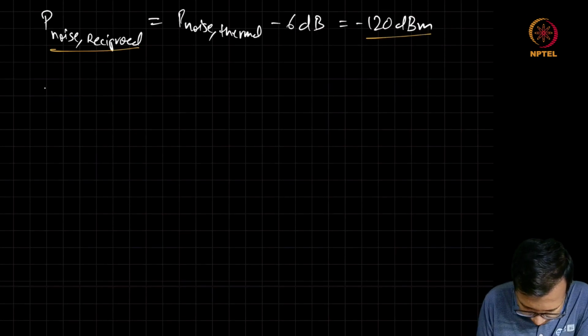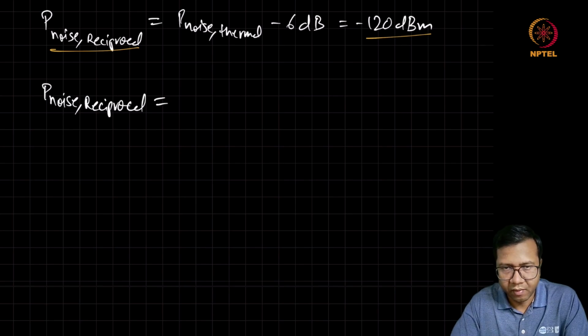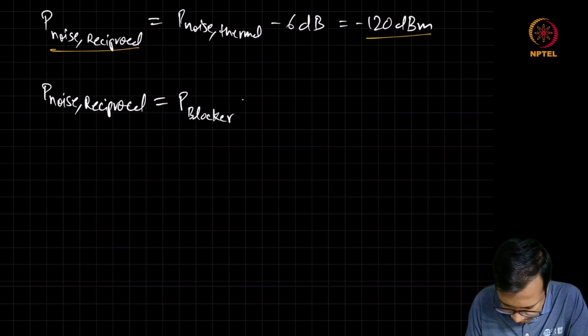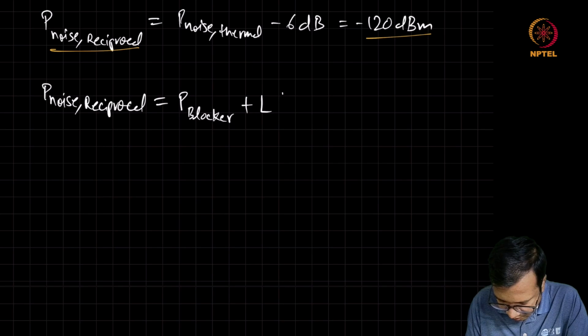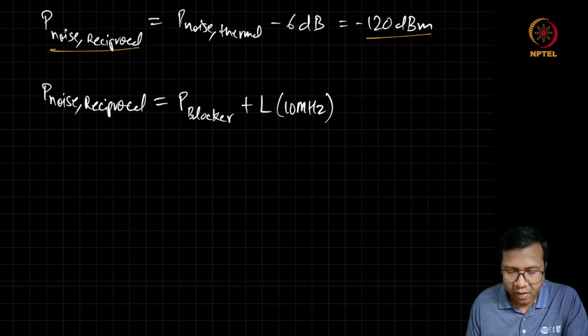So we can write the noise due to reciprocal mixing in terms of blocker power and phase noise as P blocker plus the phase noise at the given offset of 10 megahertz integrated in the channel bandwidth.